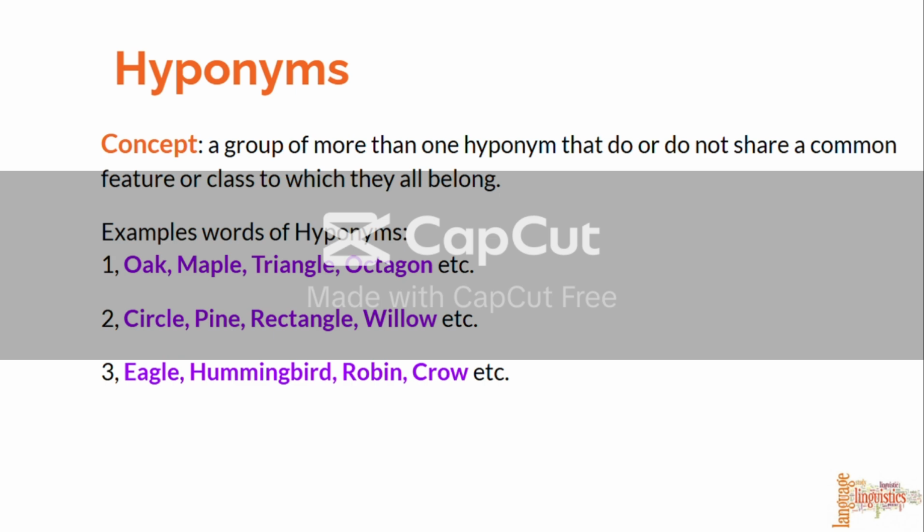And each of them is referring to a specific object. So it's called co-hyponyms.